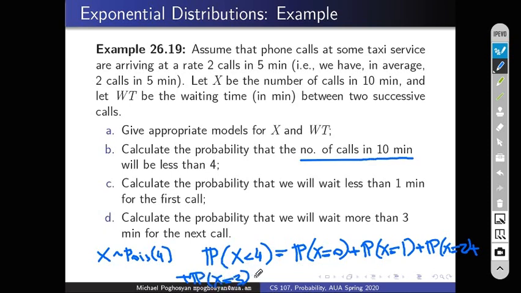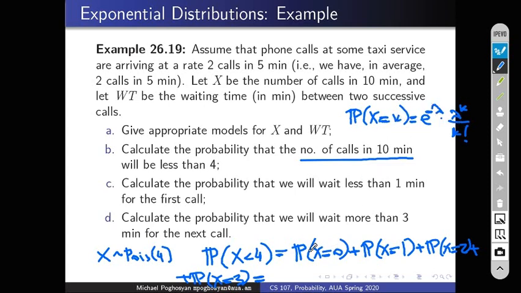Let's recall what the PMF for Poisson was. The probability that x is k for Poisson was e to the minus lambda, in our case lambda is 4, times lambda to the k over k factorial. So x is 0 means I need to plug in 0 here.